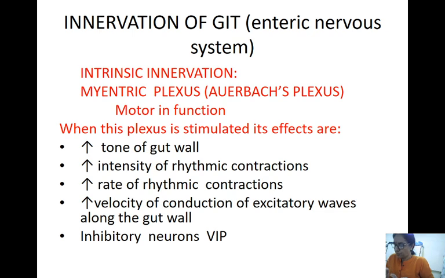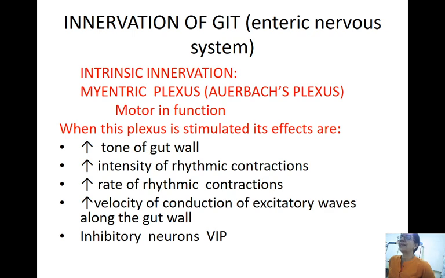So these inhibitory neurons are present in both sphincters. Everywhere else it is excitatory, meaning contractions are happening, but here it is inhibitory, meaning relaxation is occurring, because of the neurotransmitter vasoactive intestinal polypeptide. It acts near your pyloric sphincter and your ileocecal sphincter. So forward propulsion only is seen, not backward flow.